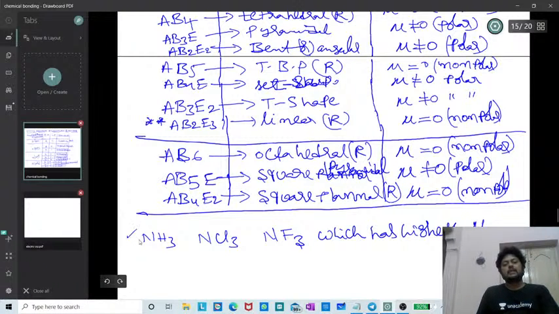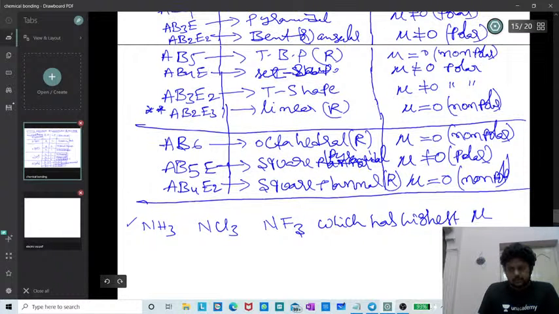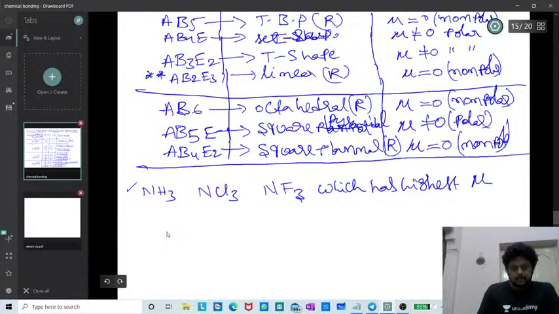Highest nu for NH3. Why? Because see here, I will explain this with the diagram. N with a lone pair, 3 H atoms.